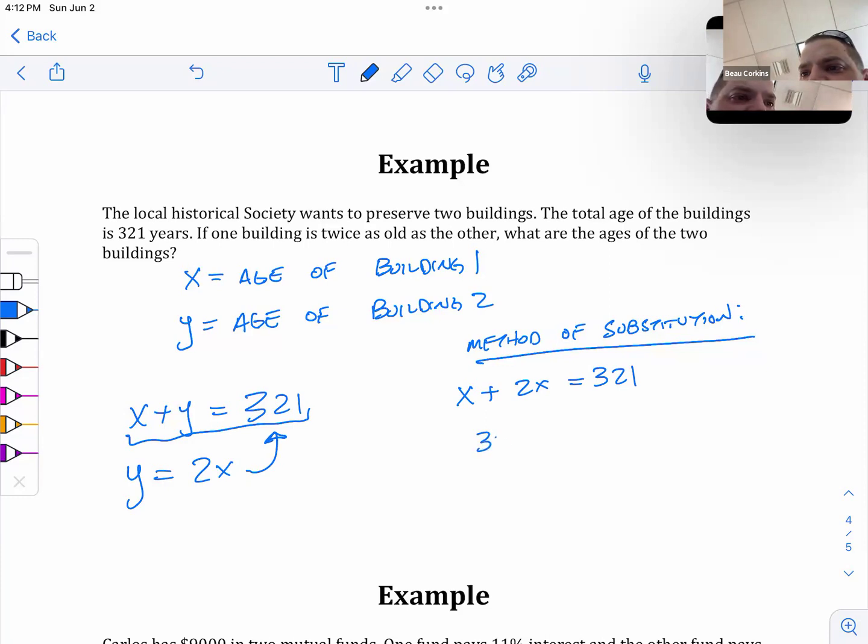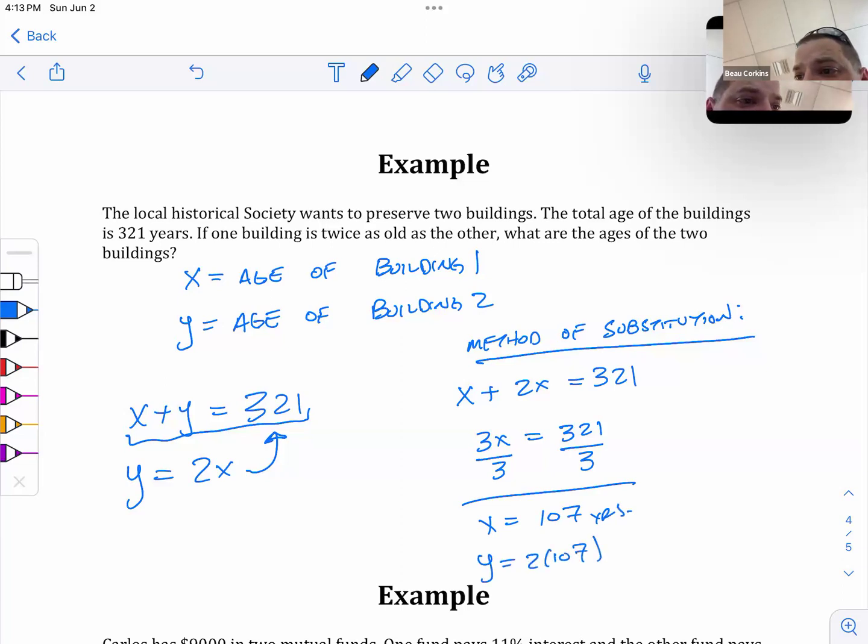And that means that 3x equals 321. Divide both sides by 3. That leaves x over there, and that leaves 107 years. And then y equals 2 times 107, which is 214 years.